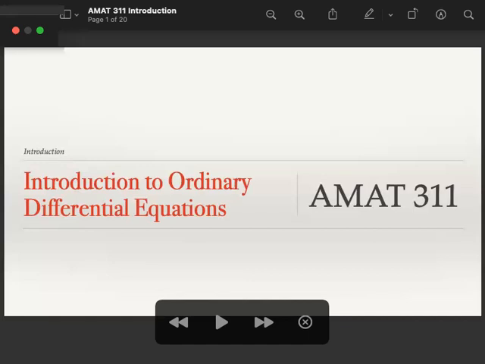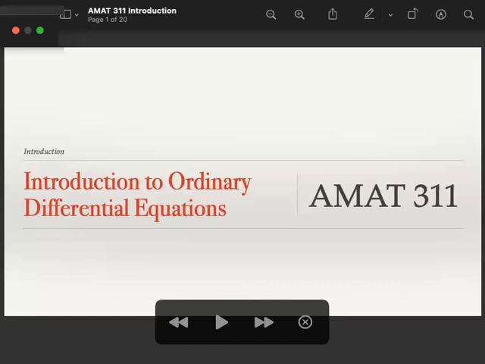For example, the equation y prime is equal to e to the y plus y sine x is not solvable by quadratures. There is no algorithm such that you plug in the equation and you get the solution as an explicit function. The solution is not going to be something like, I don't know, 5 cosine of x squared plus 3x. You're not going to be able to find an explicit solution like this.